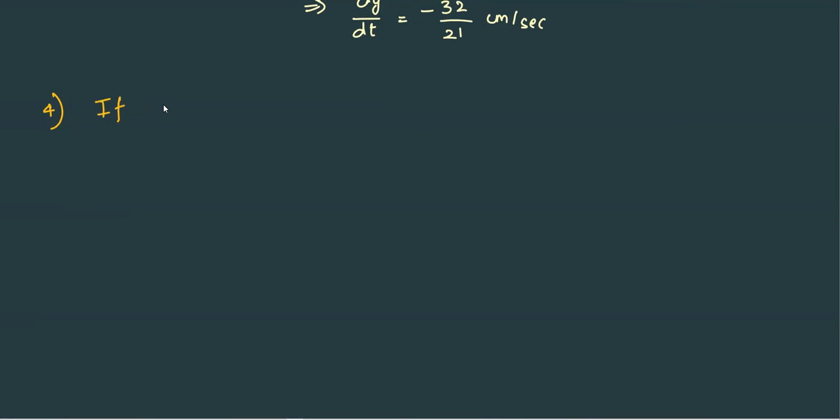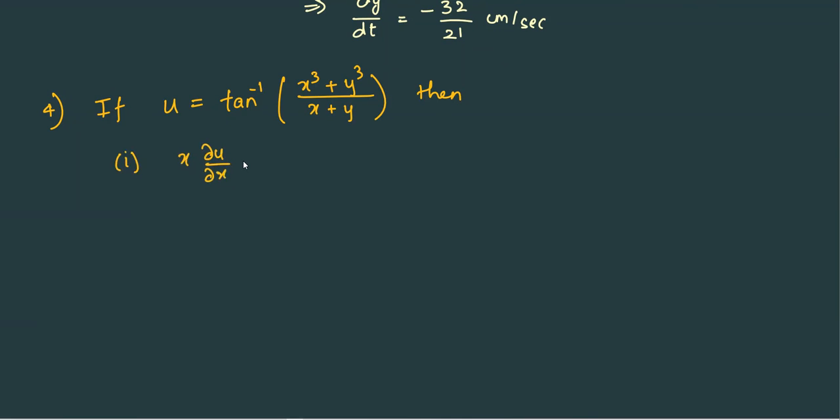So if u is equal to tan inverse of x cube plus y cube by x plus y, then these are the results. x dou u by dou x plus y dou u by dou y is equal to sine 2u.